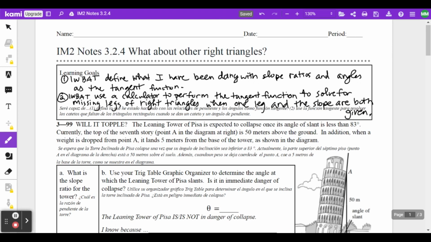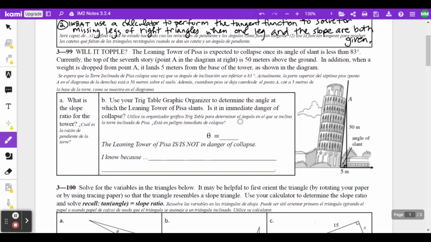Problem 3-99. Will it topple? The Leaning Tower of Pisa is expected to collapse once its angle of slant is less than 83 degrees. Currently, the top of the seventh story, which is right here in our diagram, point A, is 50 meters above the ground.